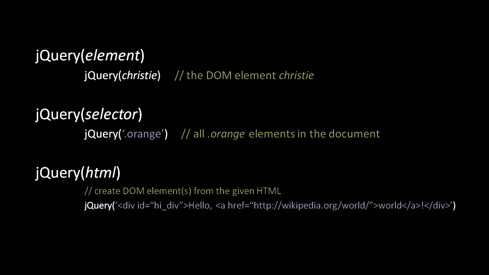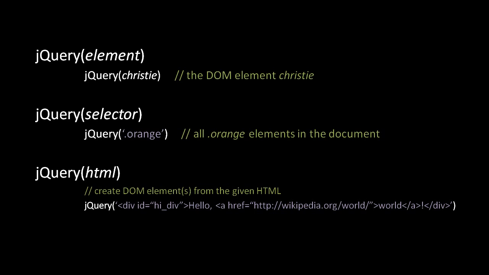First off, if we invoke jQuery and pass in a single DOM element, some element object we retrieved, perhaps with, say, document.getElementById or some similar method, well, that returns a new jQuery object which wraps around that single DOM element. So here in the example, if we invoke jQuery with an argument of Christy, assuming Christy is some variable holding a DOM element, well then this returns a new jQuery object wrapping around that single DOM element.